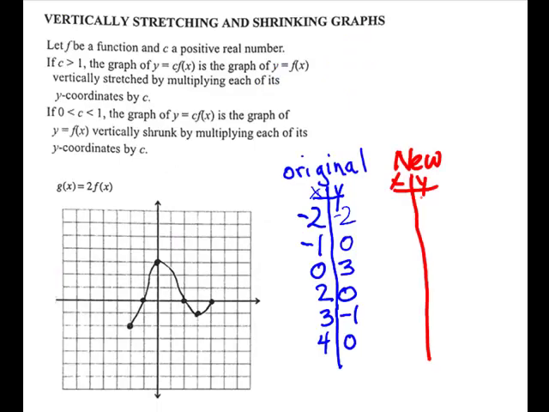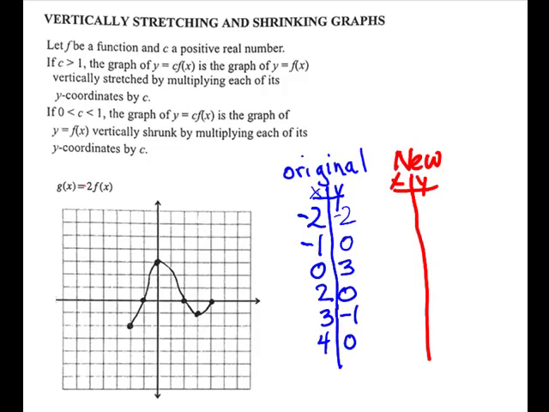Next, we're going to look at vertically stretching and shrinking graphs. Remember, if it's going to be a vertical movement, it's a y movement. It's going to be on the outside of your function. So it says let f be a function and c be a positive real number. So this would be our c.